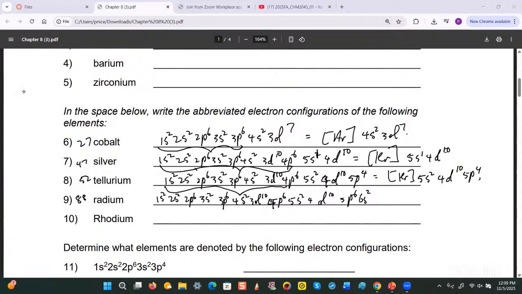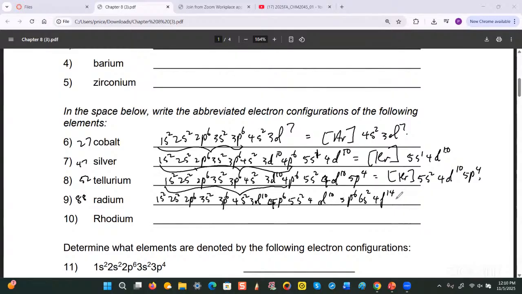So after 6s2 is 4f, and that is 14, right? So let's do a quick check here. Up to here it's 54, 54 plus 2, that's 56. 56 plus 14 gives you 70. So what comes after 4f?